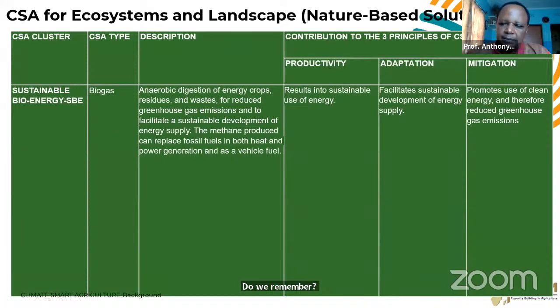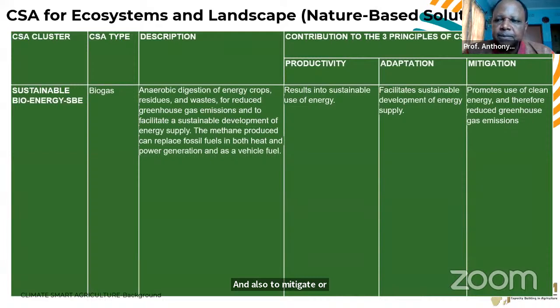We had classified them into about 6. We are going more or less now to repeat how we can intervene within these clusters with practices that can help us increase production, remain resilient, and also mitigate or reduce greenhouse gases.